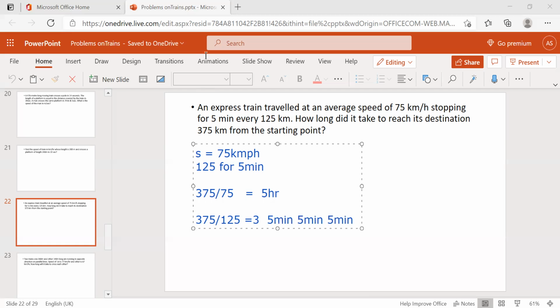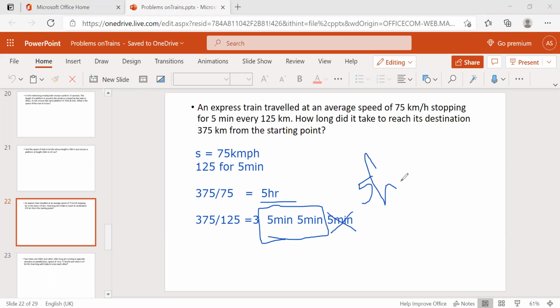Why? Because it has already reached the destination. So we have 5 hours in total, and it stops 2 times. 2 times means 5 minutes and 5 minutes, totally 10 minutes. So the total is 5 hours 10 minutes.